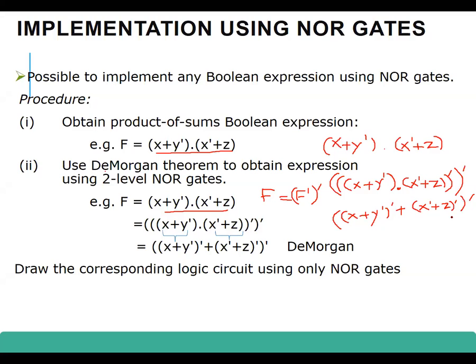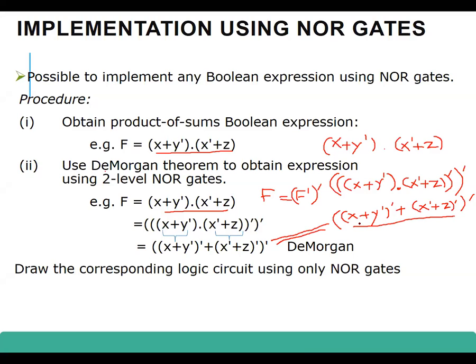Now, have you written this in a form which can be represented using NOR gates? Check whether you can represent this using NOR gates. NOR is the NOT of the OR of two inputs. So this is equal to this.